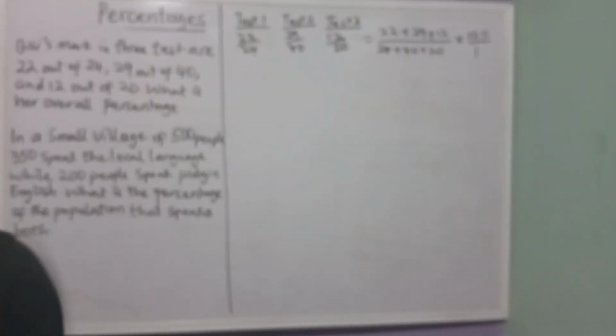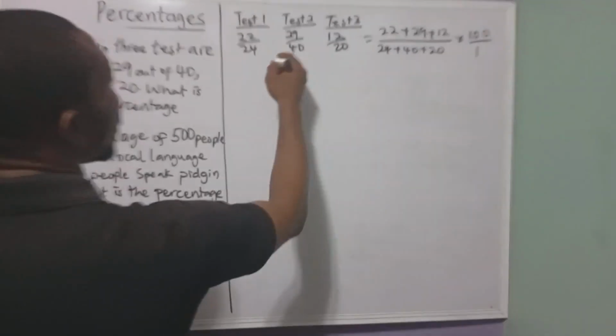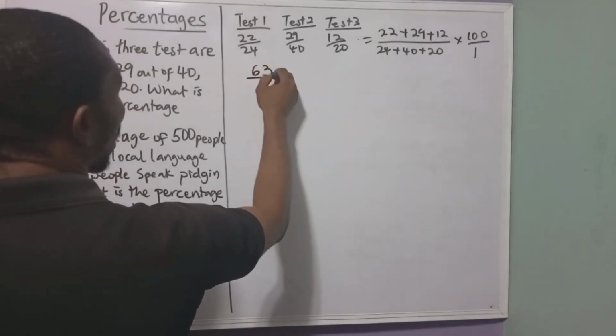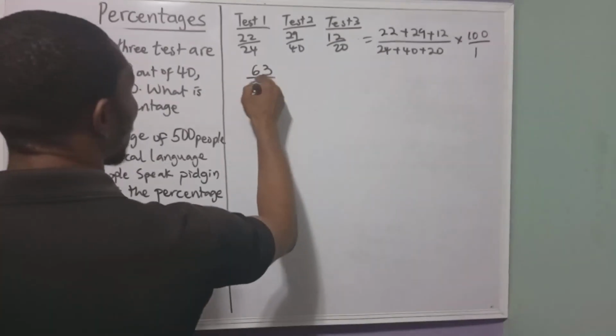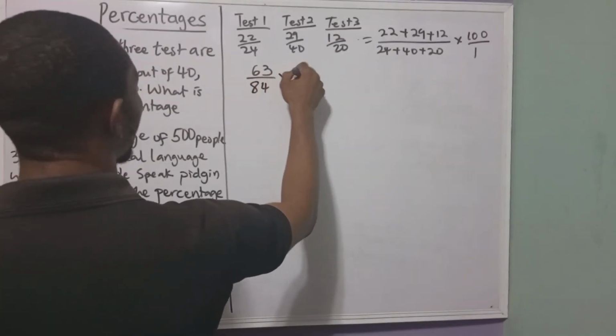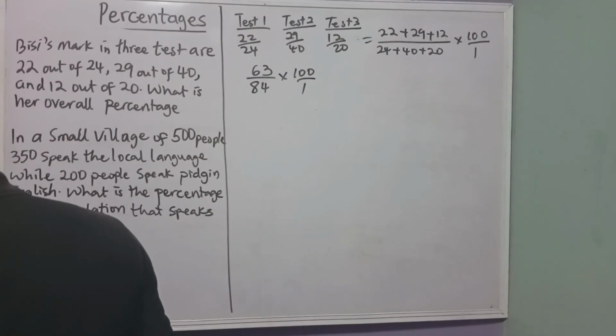Alright, now let's add them all up. 22 plus 29 plus 12 gives us 63. So this becomes 63 all over 40 plus 24, that is 84, times 100 over 1.